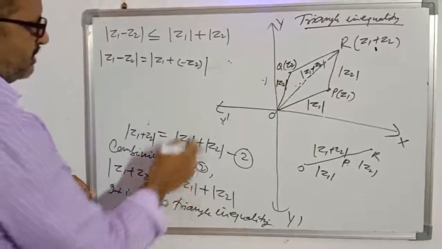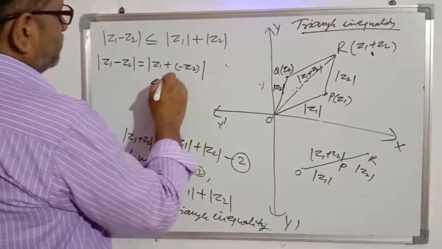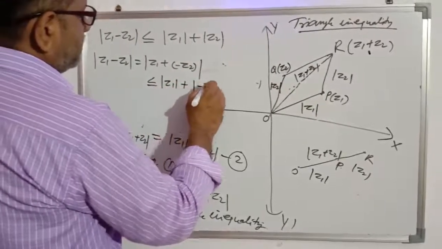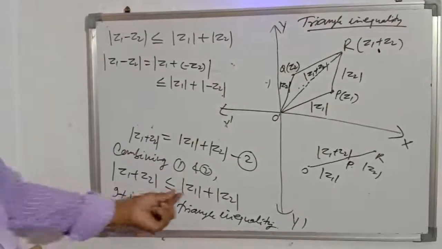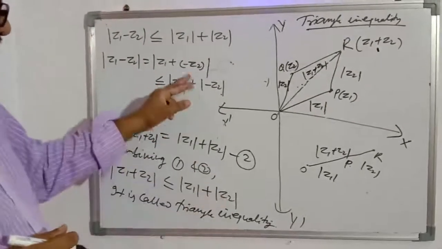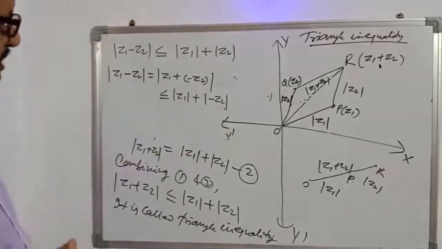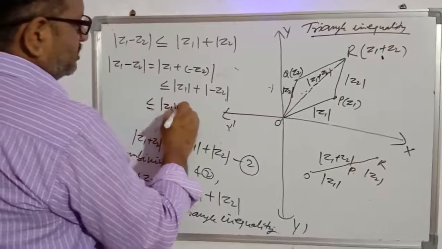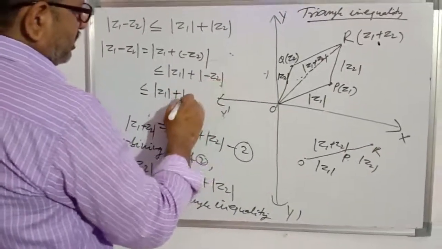using this relation, what can we write? Less than or equal to mod of Z1 plus mod of minus Z2. Here Z2 is minus Z2, so it is less than or equal to mod of Z1 plus mod of minus Z2, and mod of minus Z2 and mod of Z2 are both equal.